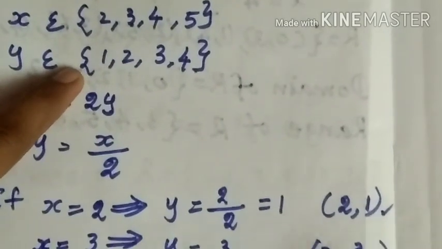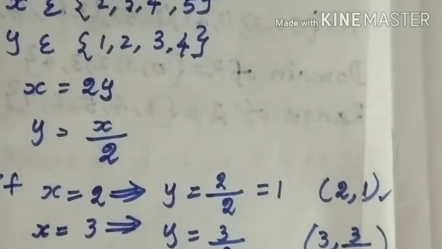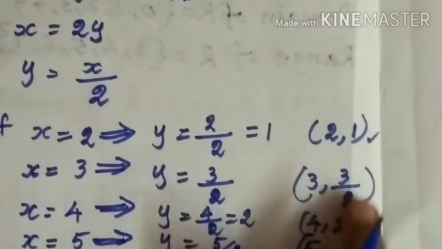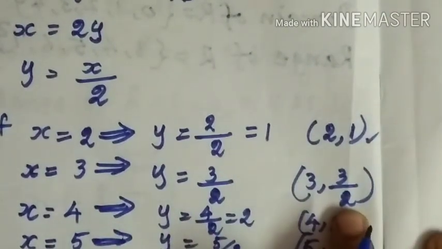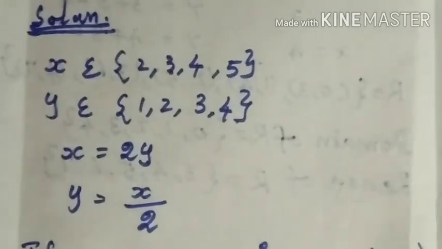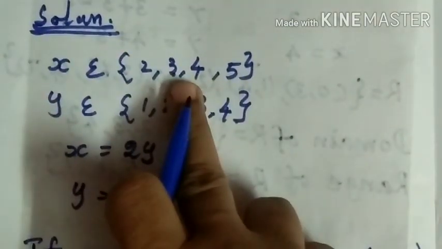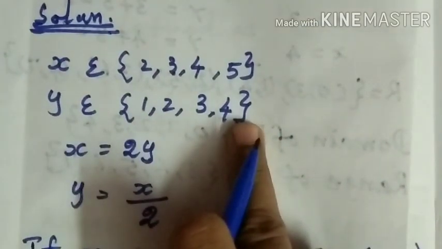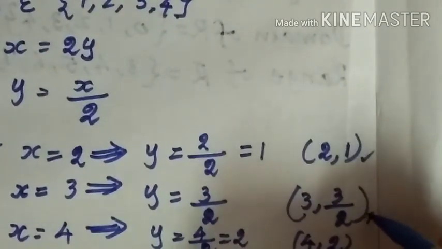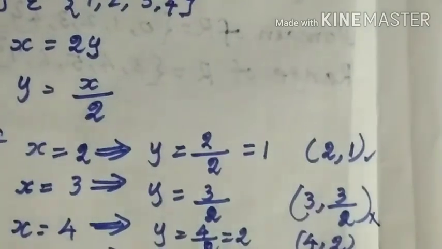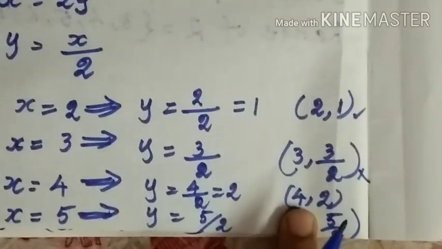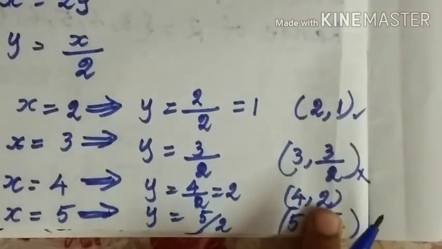Okay, now see the second ordered pair (3, 3 by 2). Here 3 belongs to set X and 3 by 2 does not belong to set Y. Then it is not a relation ordered pair, so you need not take this one. The next one is (4, 2).